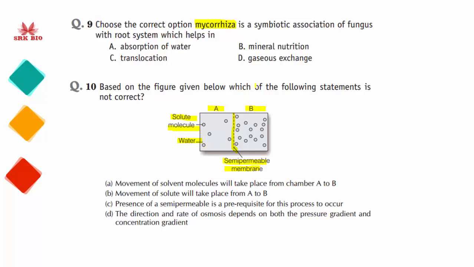The osmosis rate depends on how much solute is present. So here options A, C and D are correct. The only wrong statement about the given figure is that movement of solute will take place from A to B. Solute will not move, solvent moves. So they have asked to identify the wrong statement, and this is the correct option for the given question.